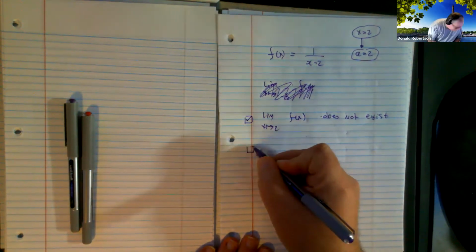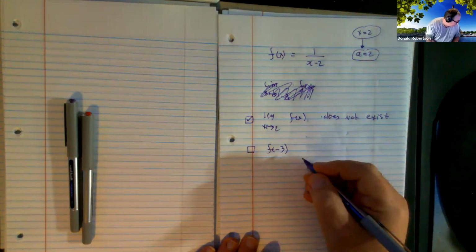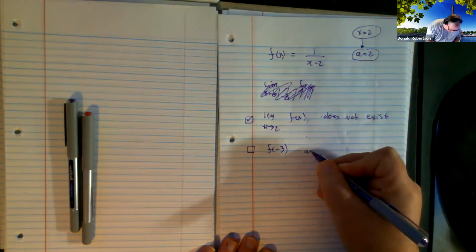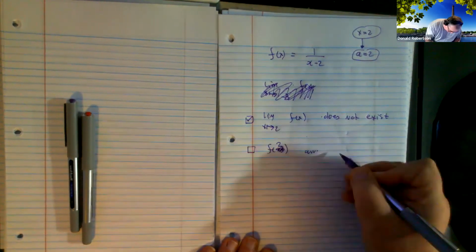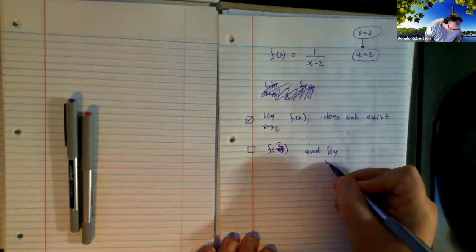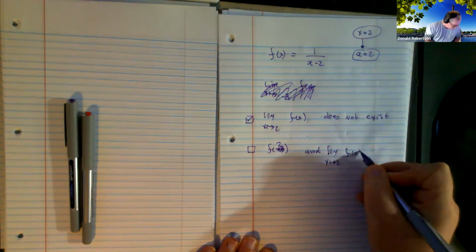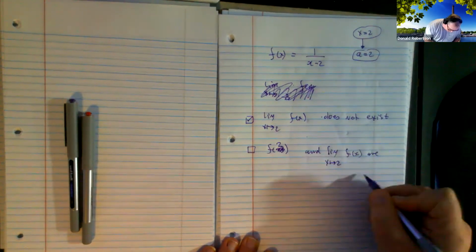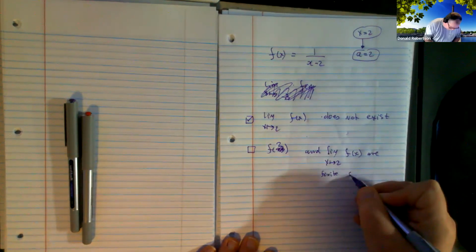The next box says f of 2 and the overall limit as x tends to 2 of f of x are finite, which means they're just a number, but are not equal.